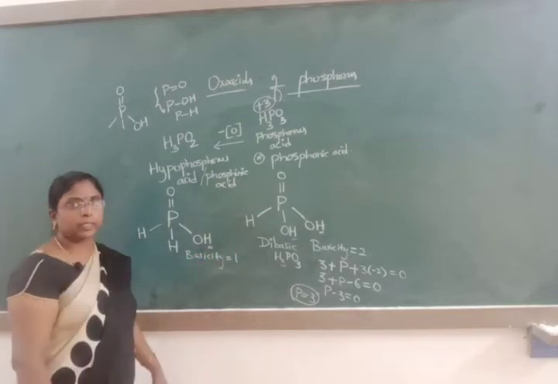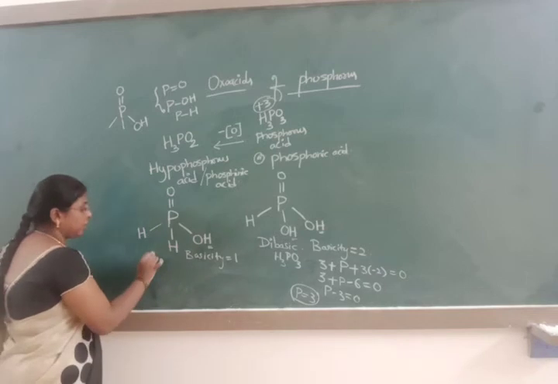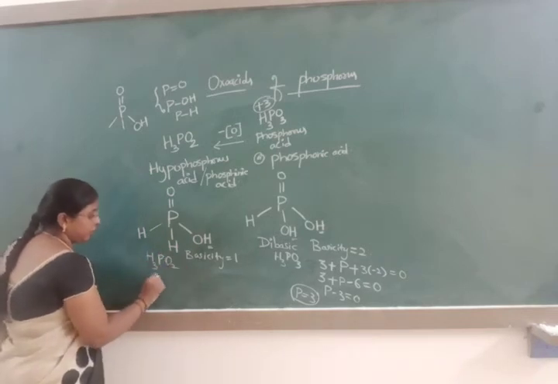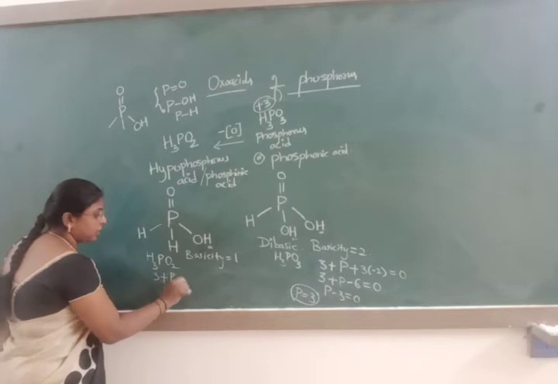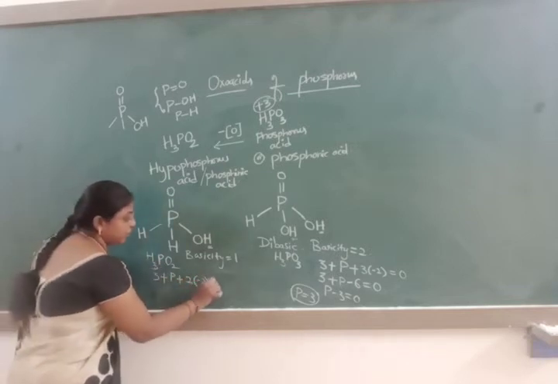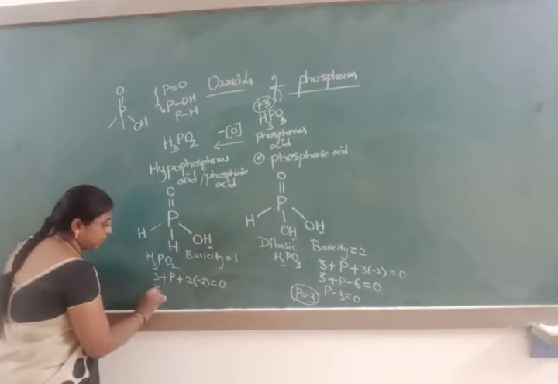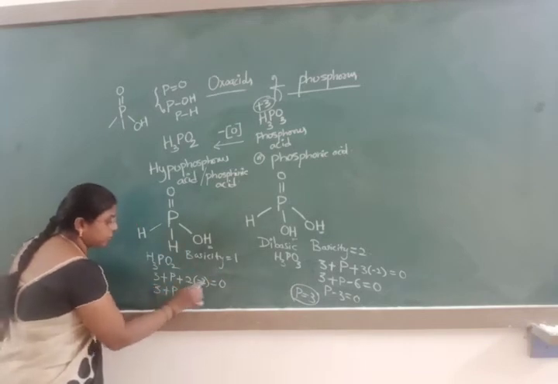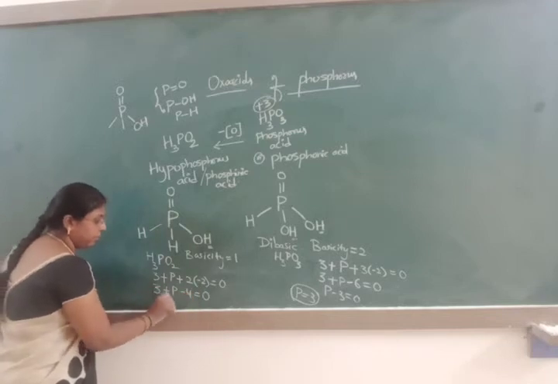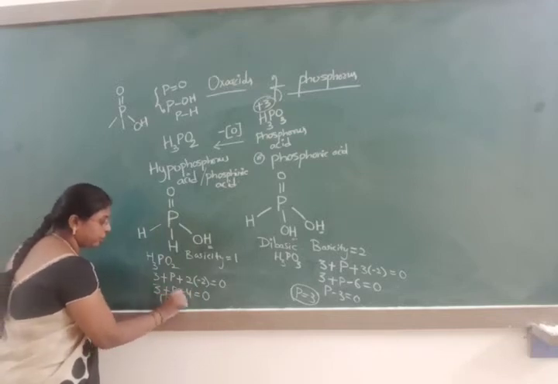If we calculate its oxidation state here, H3PO2: 3 hydrogens are there, phosphorus is unknown, and 2 oxygens, each minus 2. So it becomes 3 plus P, 2 twos are 4, minus 4, so P will be equal to 1.